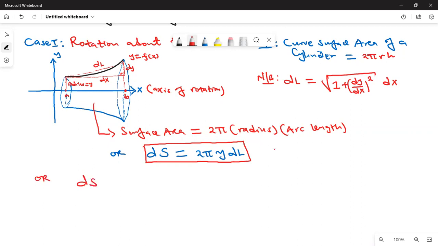So ds is equal to 2 pi y times the square root of 1 plus dy dx squared times dx. So to find s, we now integrate both sides.